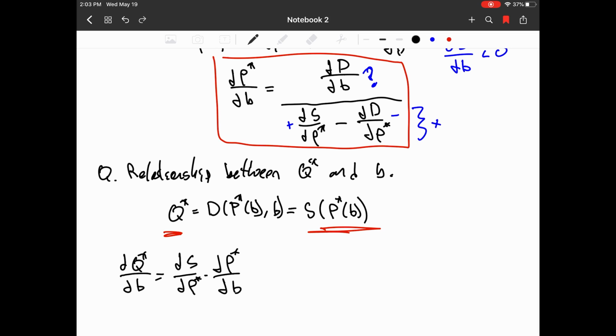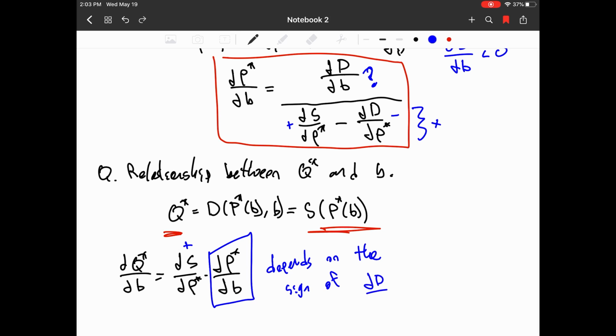We know the sign of this relationship is positive from the law of supply, and we know the sign here depends on the sign of dd db.